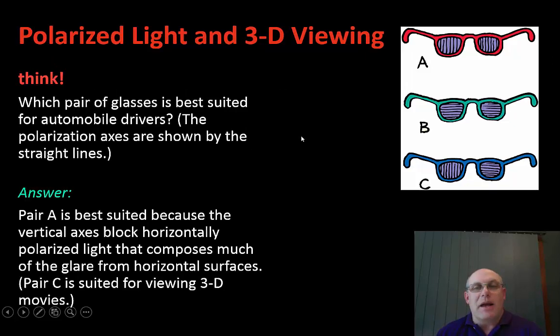And the answer is pair A. Pair A is best suited to block because only the vertical axes are going to be coming out. All the horizontal reflections off the light, off the road or off the surface are going to be blocked. Obviously, C is only useful for 3D cinema. So really, it was only up to A and B anyway for those two.